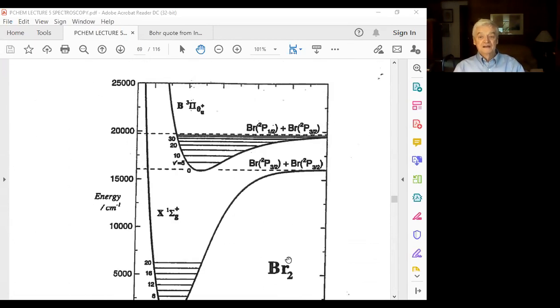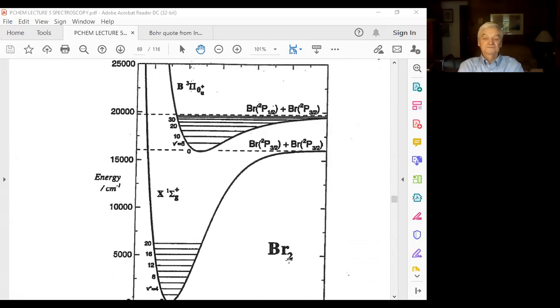Okay, well, let's go back to this diagram. This is kind of a preliminary look at what we're going to deal with in electronic spectroscopy. Mostly we'll look at polyatomic molecules, but in every case, we're going to look at electrons jumping from one of the molecular orbitals in the molecule to a higher orbital, typically one which is antibonding.